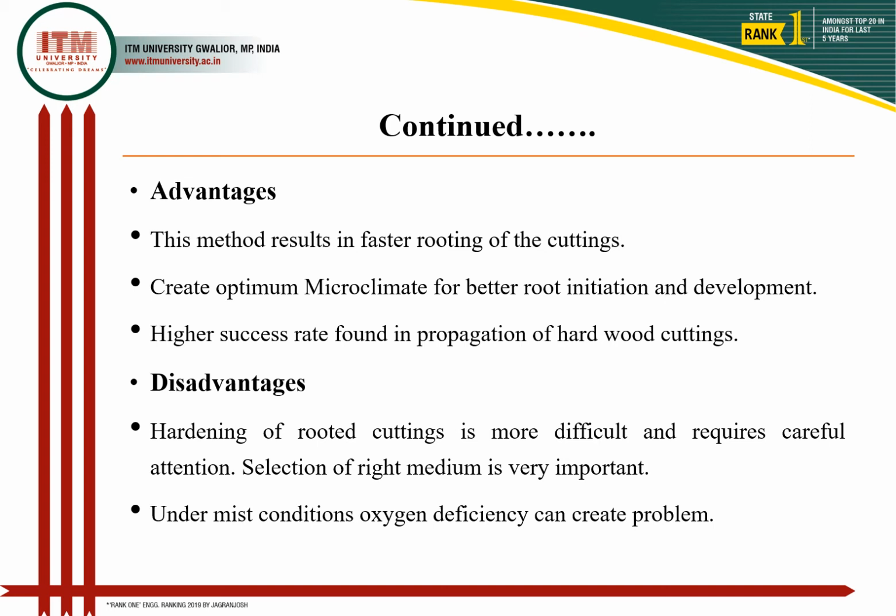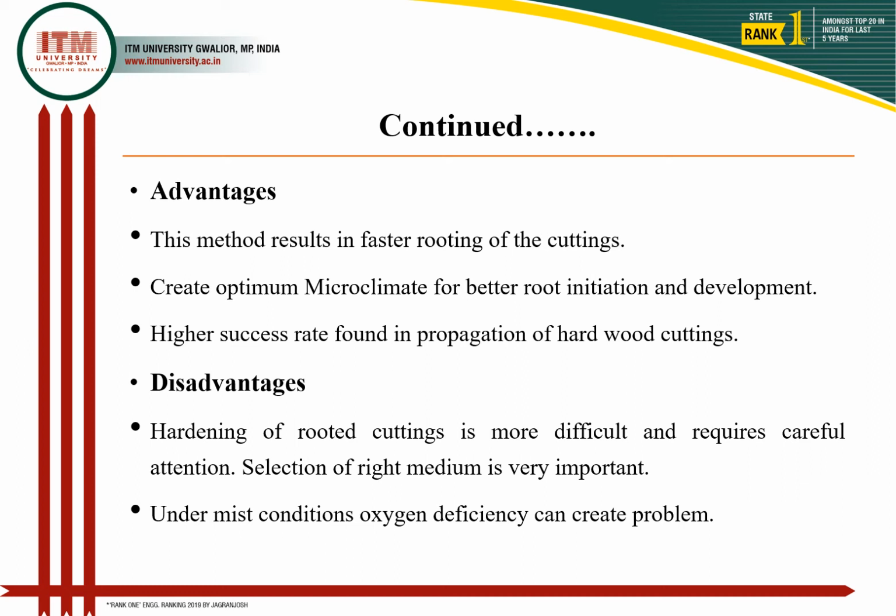However, there are some disadvantages which are also associated. Since they have been rooted under protected conditions, hardening of rooted cuttings becomes more difficult, and it needs to be done carefully. There is a need to select the right media for this purpose also.